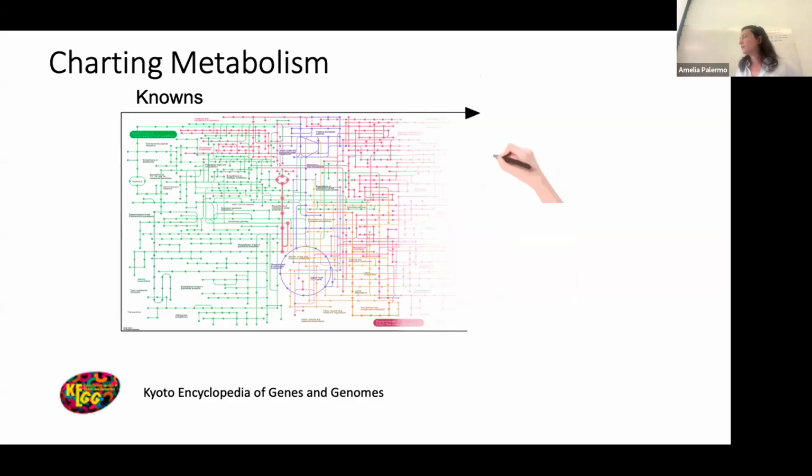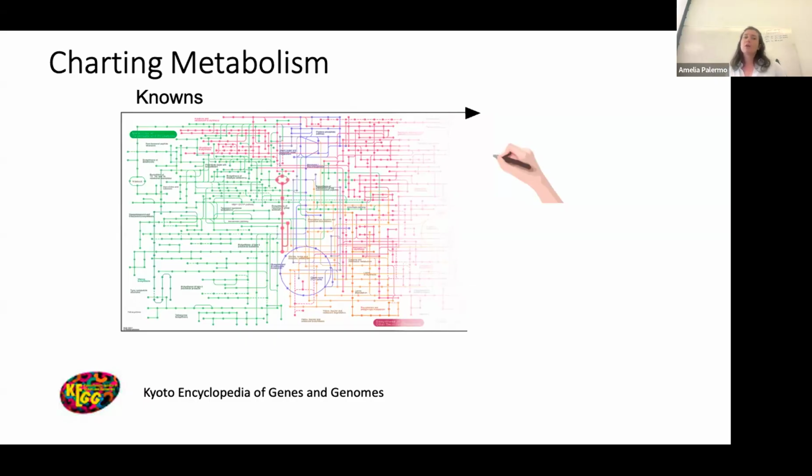And traditionally and a bit historically, from our classic biochemical classes and lessons, we are used to thinking of metabolism as a two-dimensional problem. So we have pathways distributed two-dimensionally.